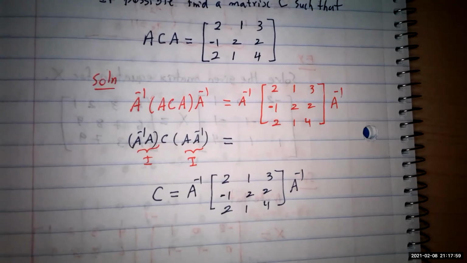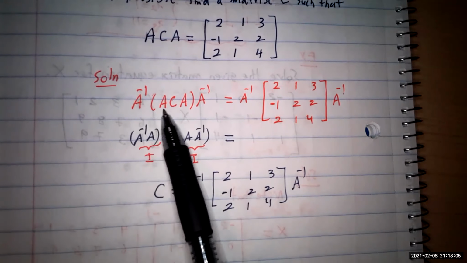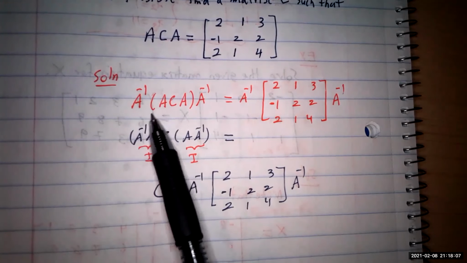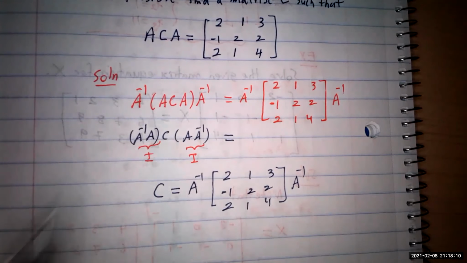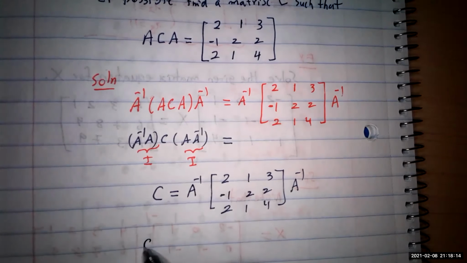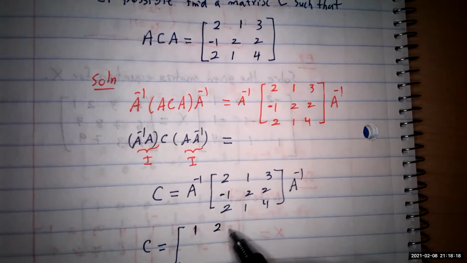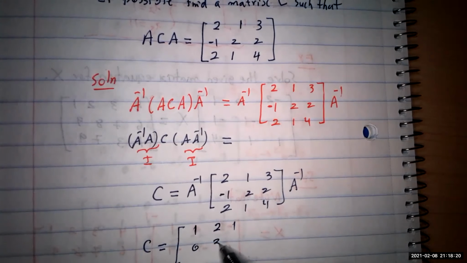You see, you release the C. It's the way we do it. Anytime there is anything extra, you want to get rid of it, just multiply by A inverse. Now, A inverse is already given to you, it's just a multiplication of matrices. So the C is going to be, you multiply these matrices together. You multiply 2 by 2, and that gives you 2.